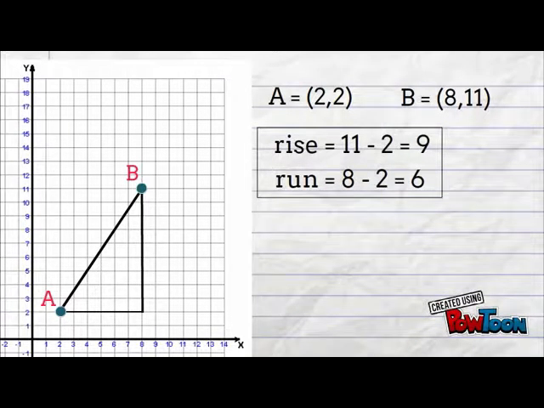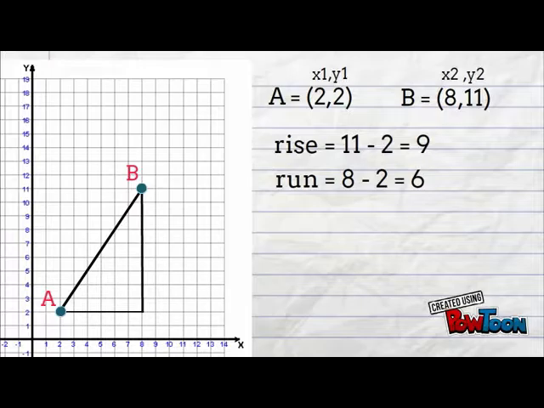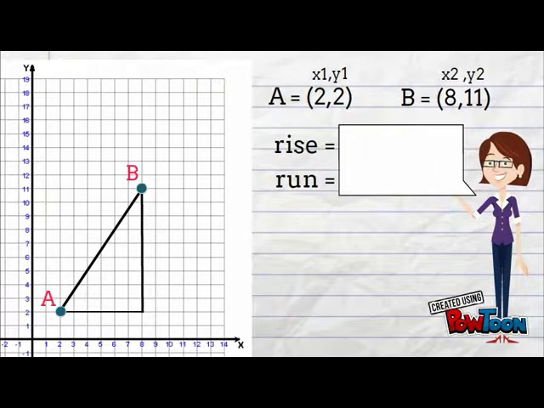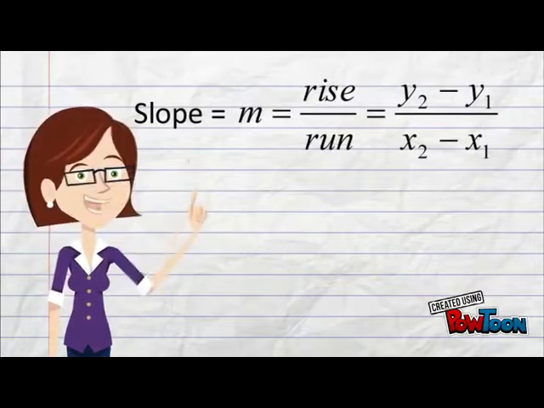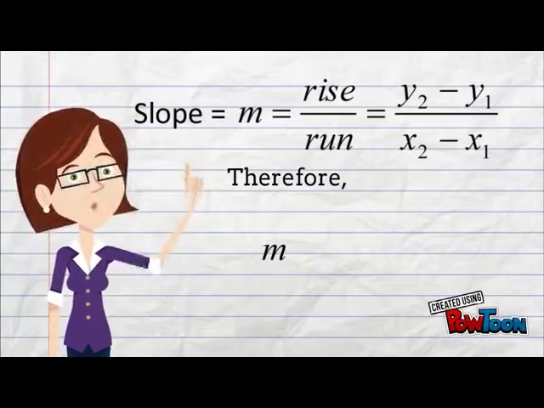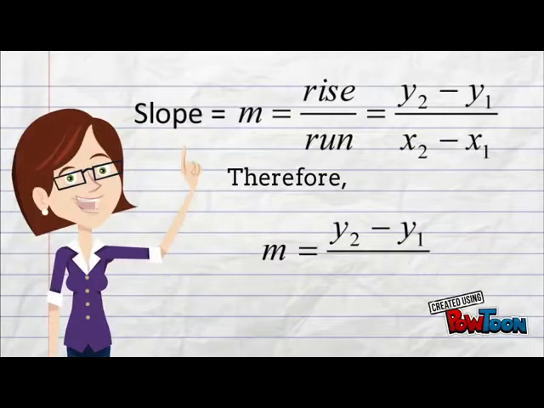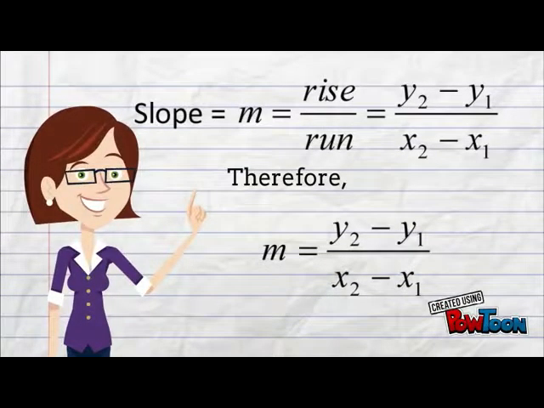Setting point A as (x sub 1, y sub 1) and point B as (x sub 2, y sub 2), we have rise equals y sub 2 minus y sub 1, while run equals x sub 2 minus x sub 1. Therefore, our slope is now equal to y sub 2 minus y sub 1 all over x sub 2 minus x sub 1.